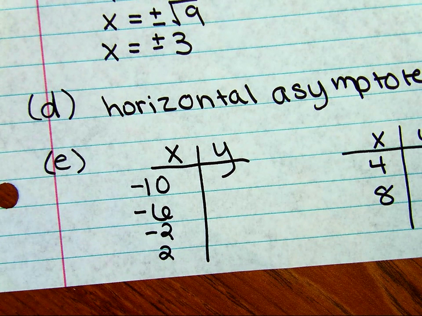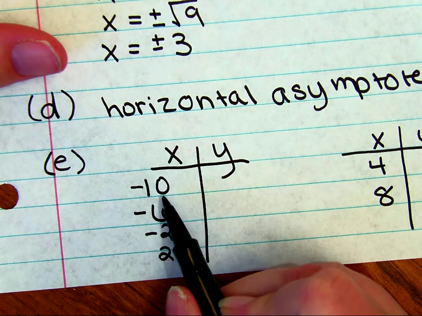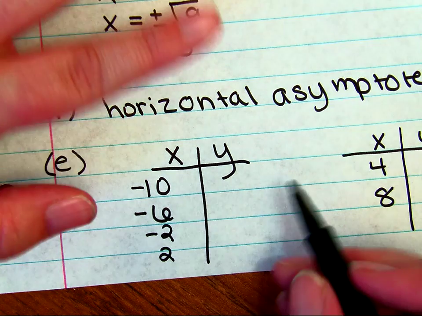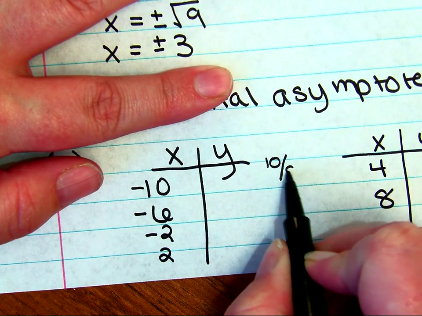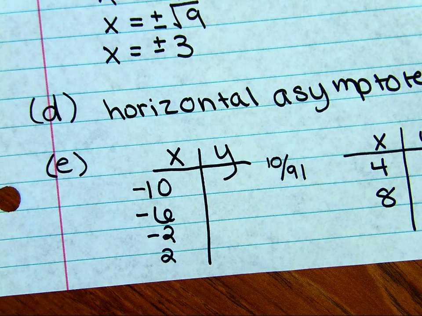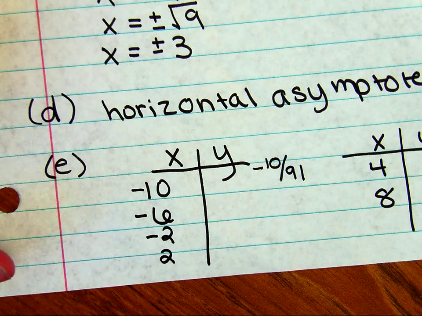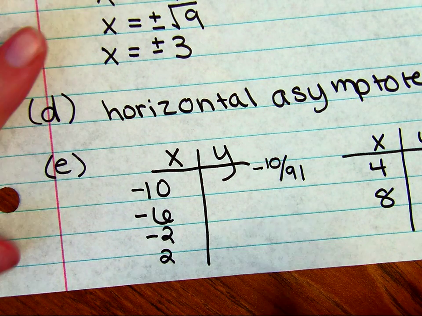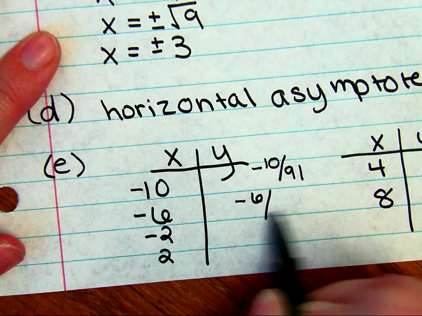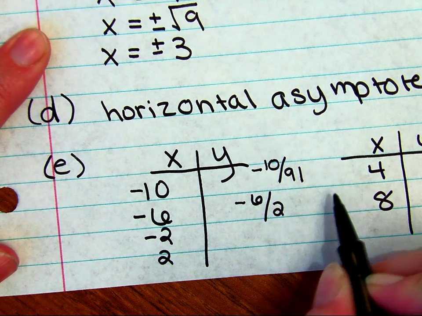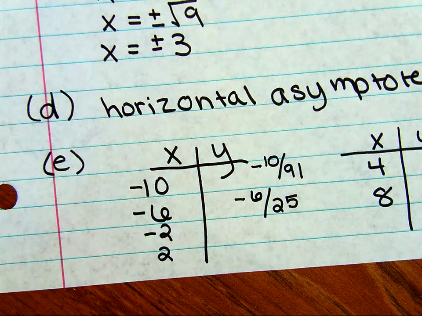So I've got to figure out what this is going to look like. -10 squared would be 100, minus 9 is 91. So I've got -10 over 91, and it's negative, sorry. Then I would have -6 over 36 minus 9, which would be 27.